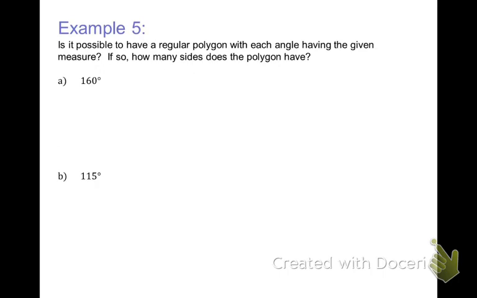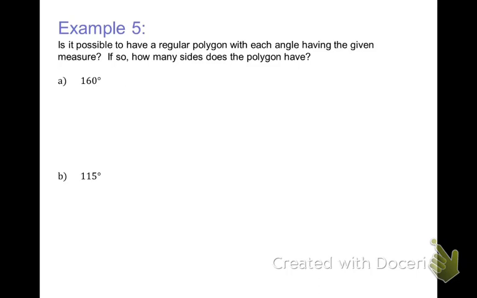Last example. I'm going to give you guys a second to write down the problem, and then we'll hack through it in just a second. Okay, so you're being asked, is it possible to have a regular polygon with each angle having the given measure? And we're assuming, and this is something I haven't told you yet, but if I don't specify interior versus exterior, what do you think you should assume?